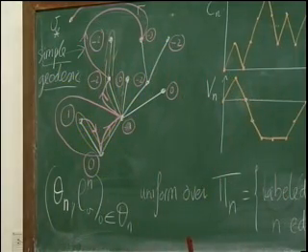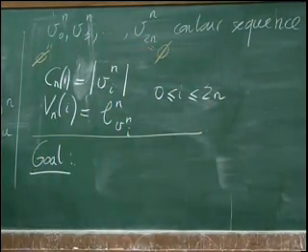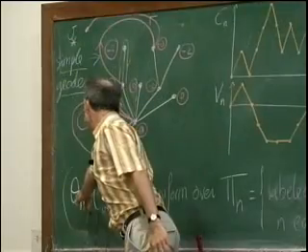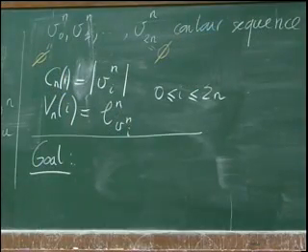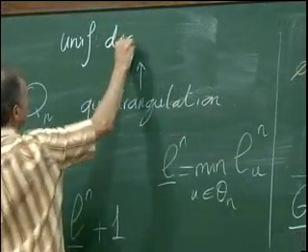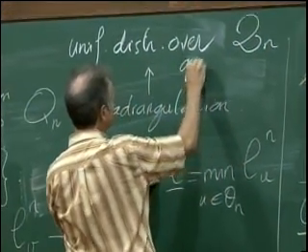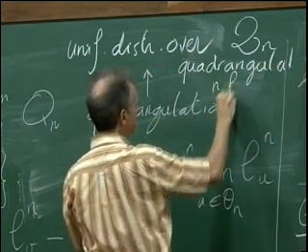What is our goal now? Essentially, we want to study the quadrangulation Qn viewed as a metric space. I should observe that because we chose theta n, l n uniformly over the set of label trees with n edges, this Qn is in fact uniformly distributed over the set of quadrangulations with n faces.